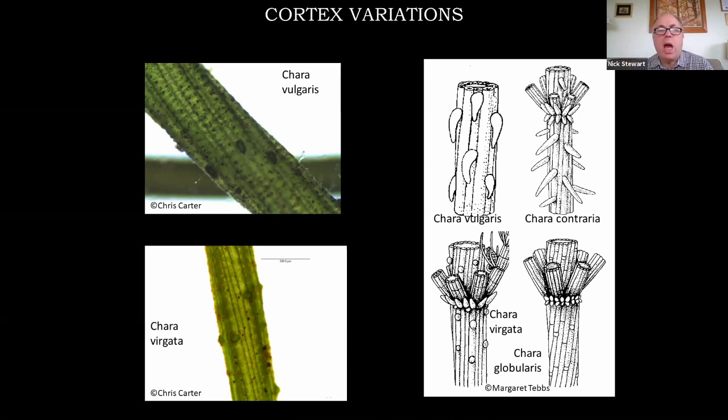And what you're looking at are variations in the cortex. Now you can see here, and perhaps clearer here, there are rows with spines and there are blank rows without any spines. The terminology is that the ones with the spines are called the primary cortex, and they're always the same number as the number of branches in the whorls.